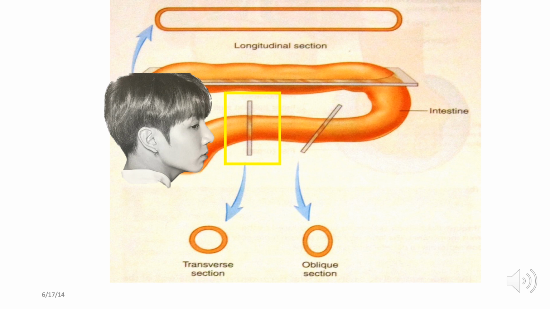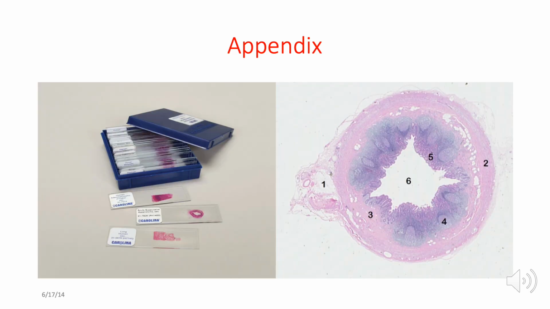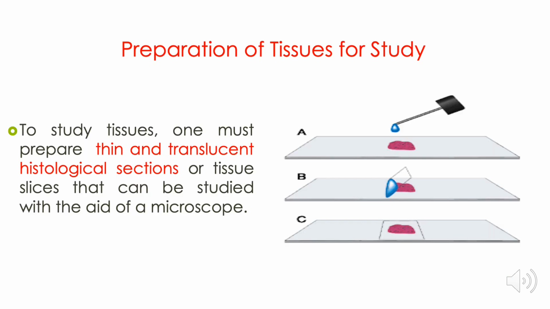We will most likely appreciate the cross section of the appendix and it will actually appear this way, okay? So again, it's very important in the histology laboratory to prepare thin and translucent histological sections of the organs that we need to study so that we can clearly see them under the microscope.